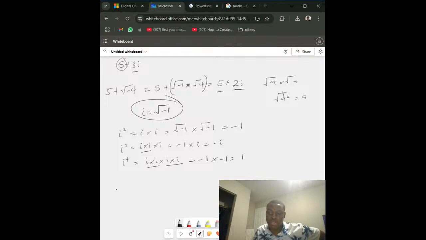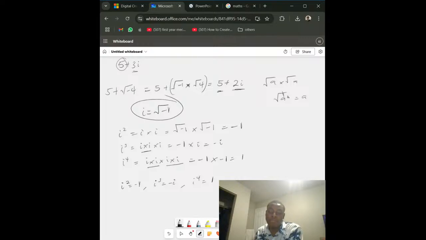So then it gives us the values for the indices of i. Therefore, if i is root minus 1, i square would be minus 1. i cube would be minus i. Then i raised to the power 4 would be 1. So these are also really important things to note.